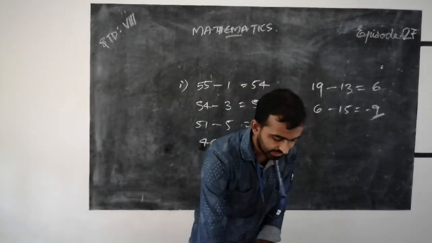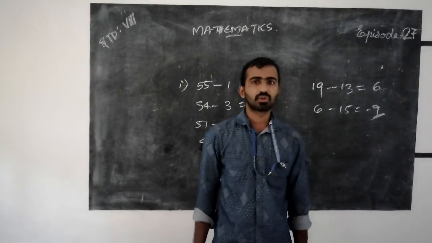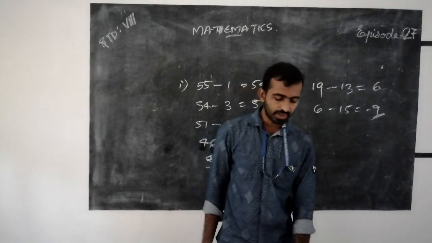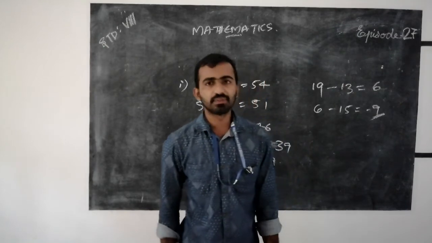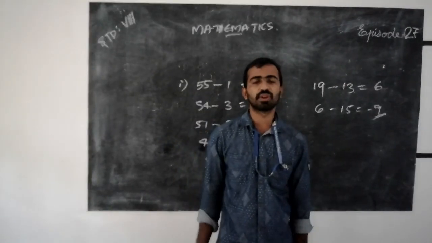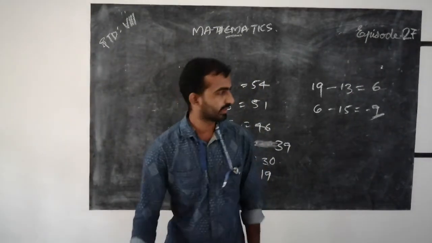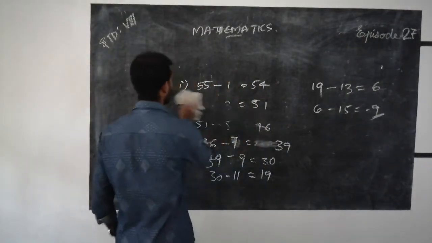This shows that we are not able to express 55 as the sum of consecutive odd numbers starting with 1. So 55 is not a perfect square. Next one is 81, the third question.